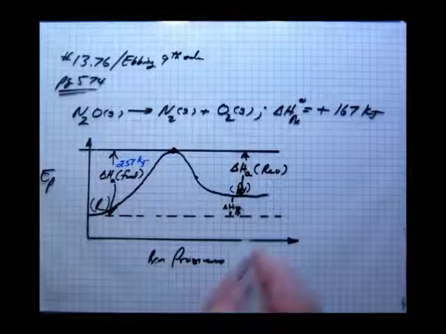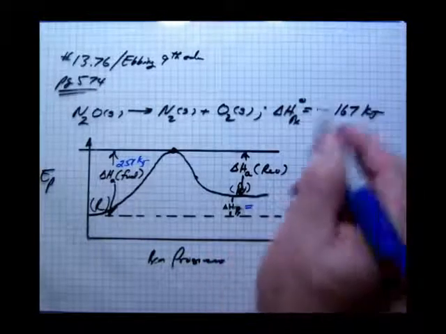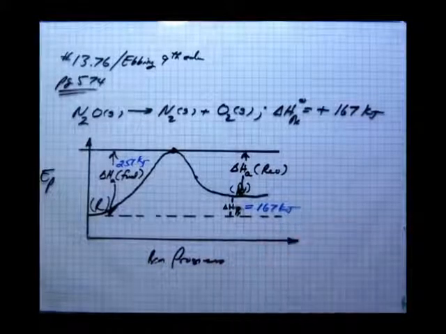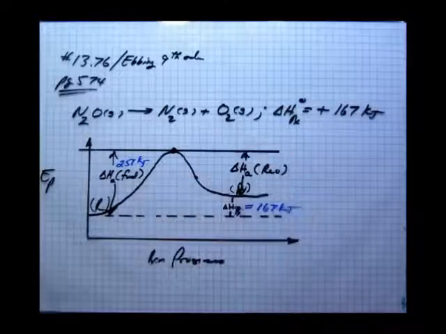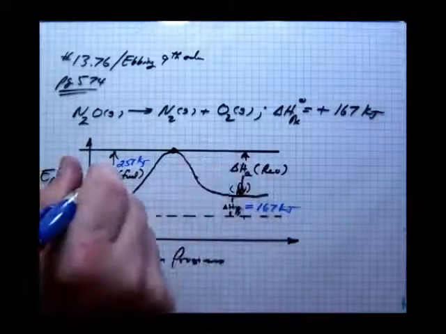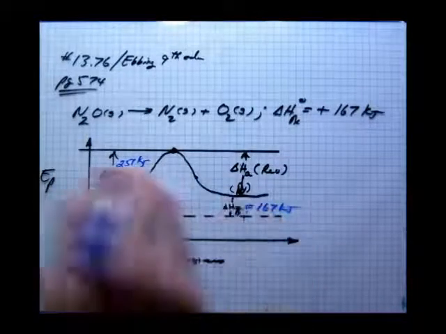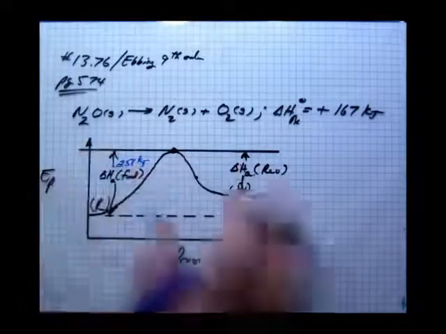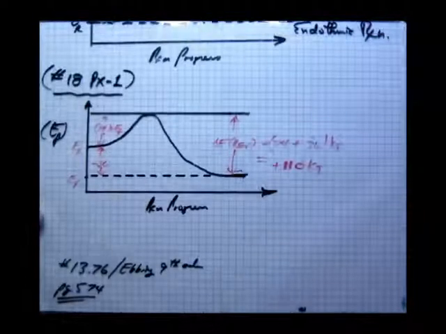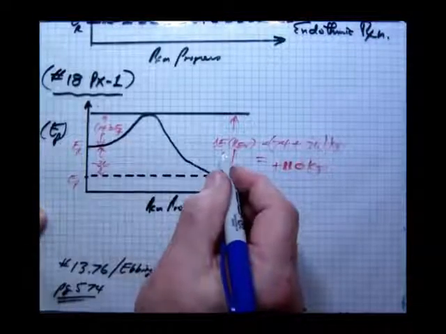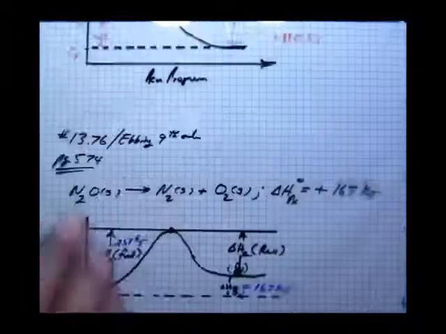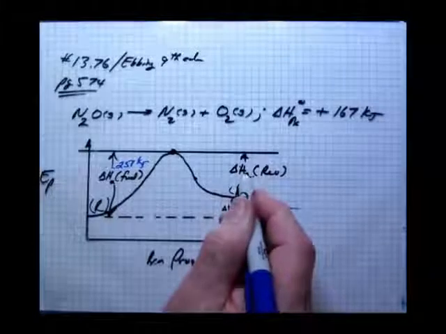The heat of reaction is given in the problem to be 167 kilojoules. What's the activation energy of the reverse reaction? Well, the sum of those two matches your forward reaction, see? So when you set this up, you don't just add them together like you did here and here to get that one, because you have to take into account that one of them, the reverse reaction in this case, is not known.